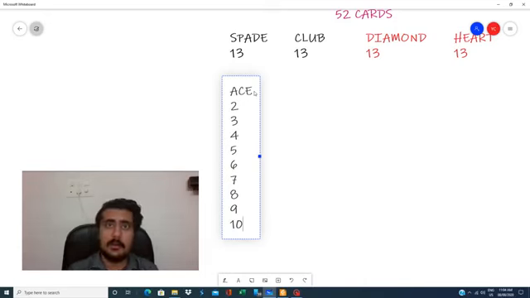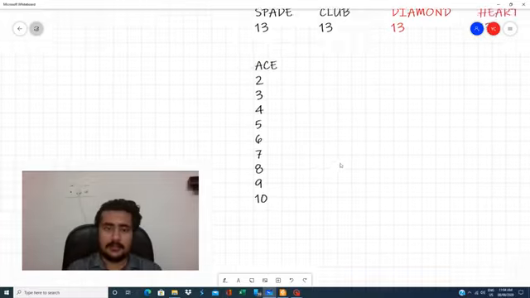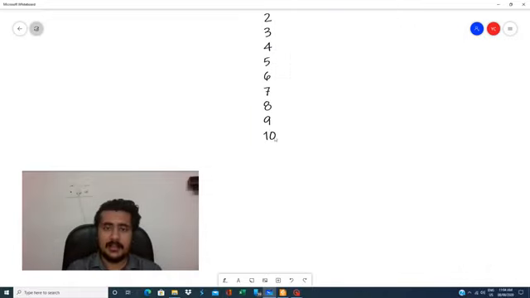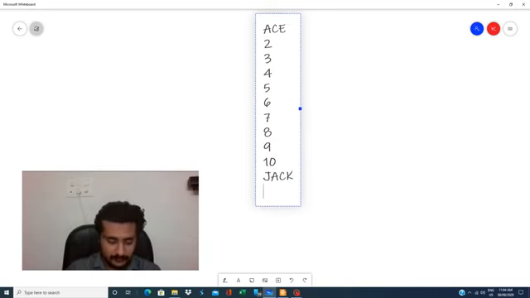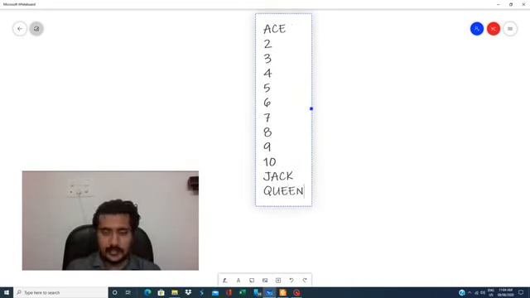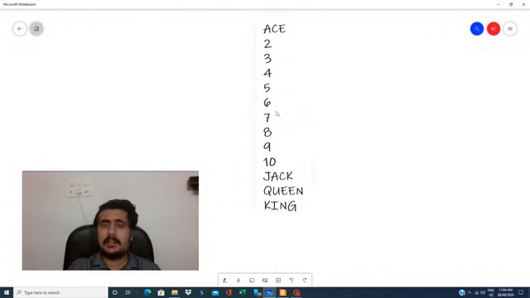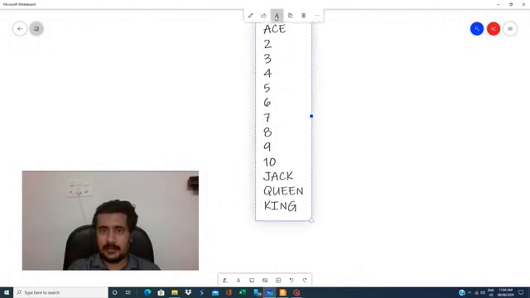There is no number 1; there is ace instead of number 1. After 10, there is no 11, 12, 13. There are cards called Jack, Queen, and King. So in this way there are 13 cards. These are the details of these 13 cards.